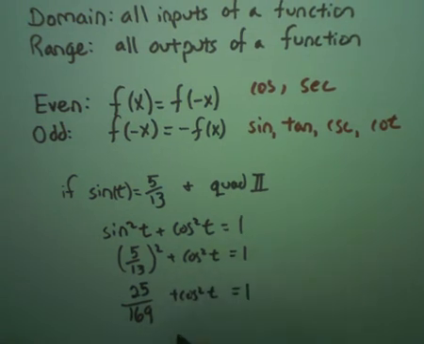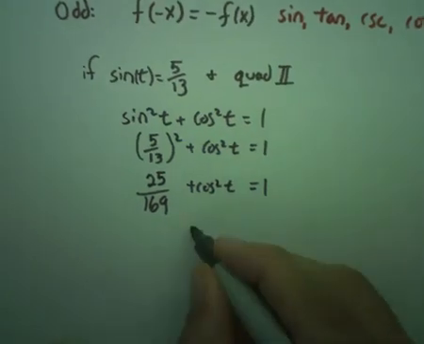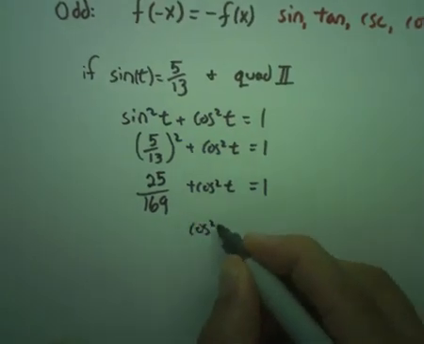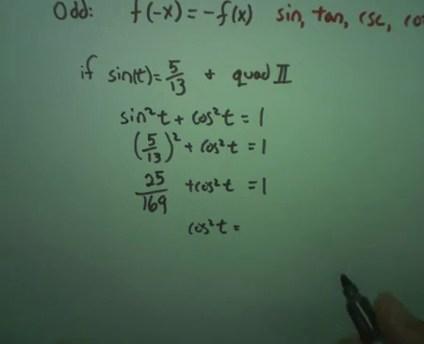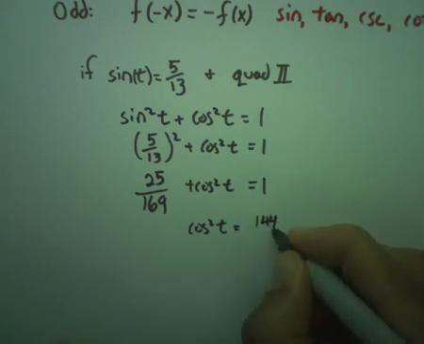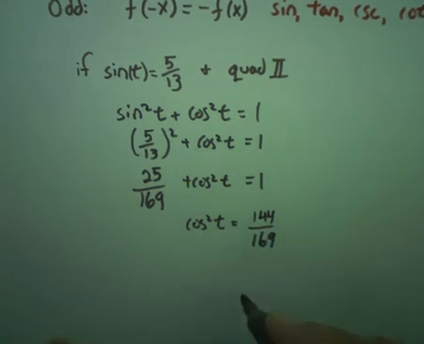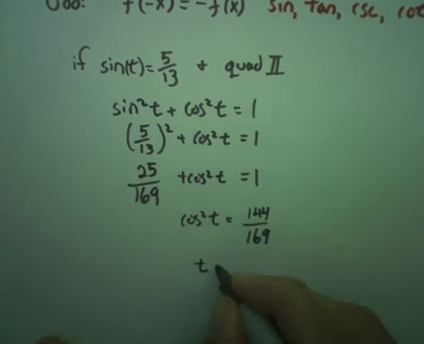If we subtract that from both sides, you get cosine squared equals 144 over 169. If you take the square root of both sides, keep in mind there's two square roots.